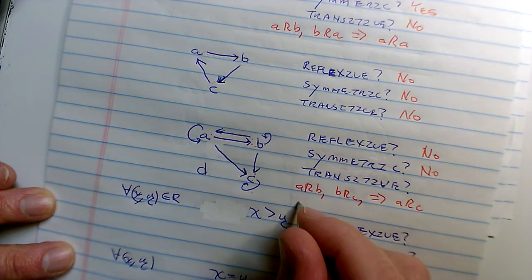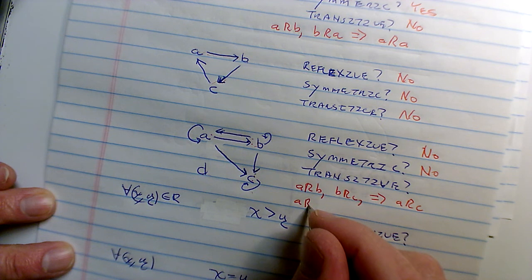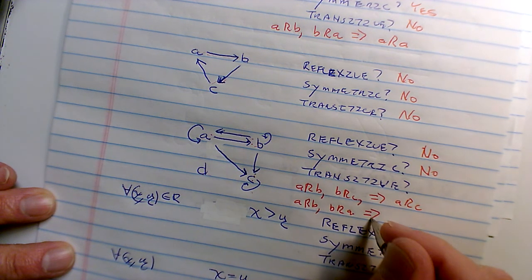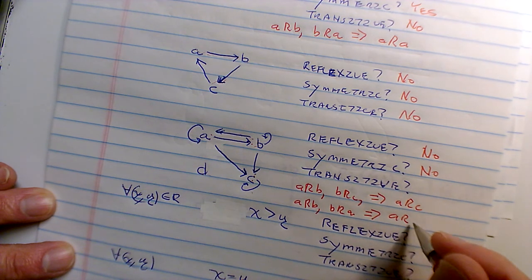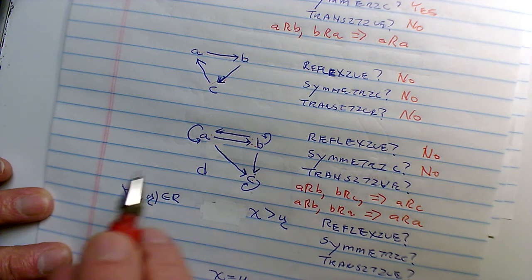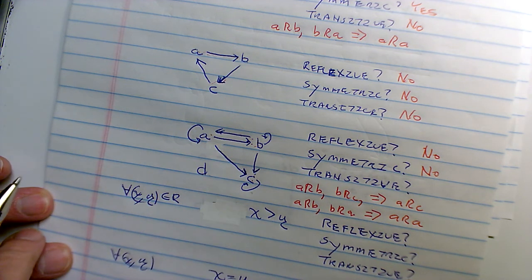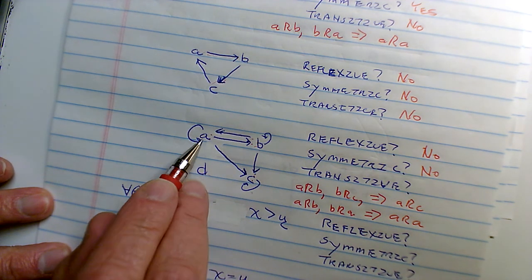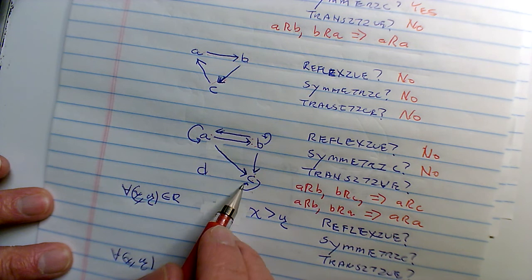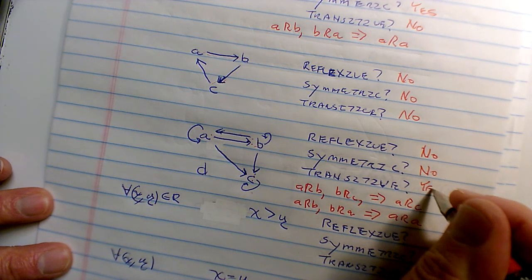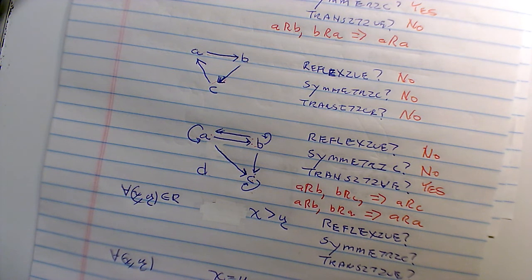Also notice up here, A relates to B, B relates to A. That says A relates to A, and we do have a reflexive property within A itself, so we're okay there, and the same thing works out for B. How about A goes to C, B goes to C. That works. So this one's kind of interesting in that it does have the transitive property.